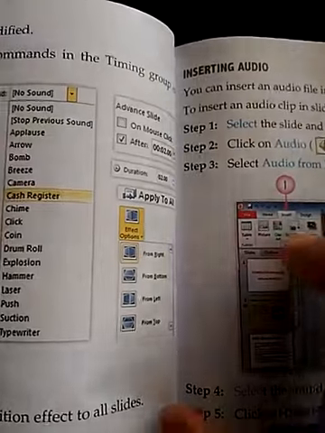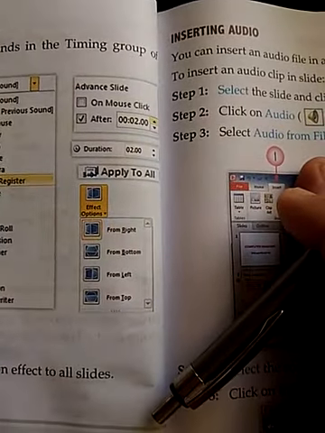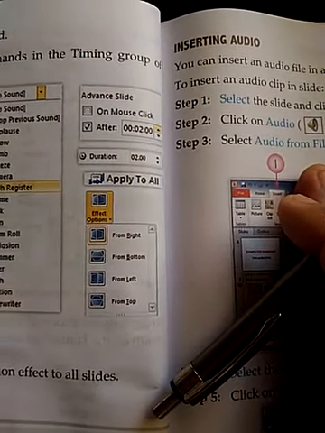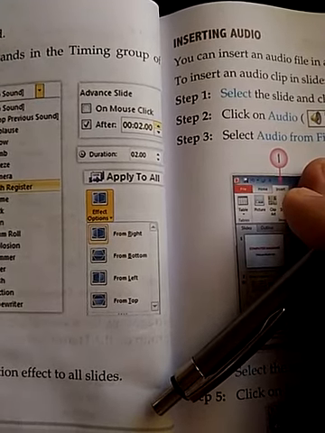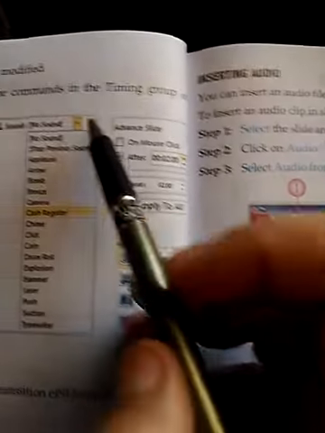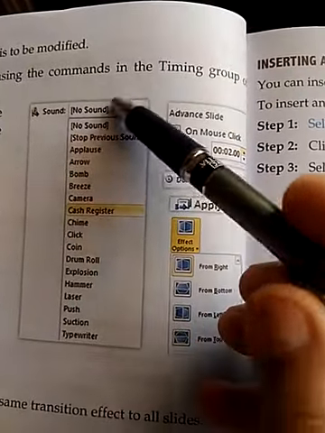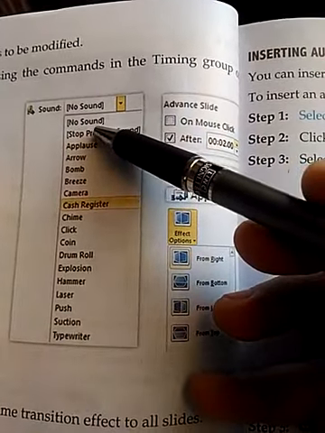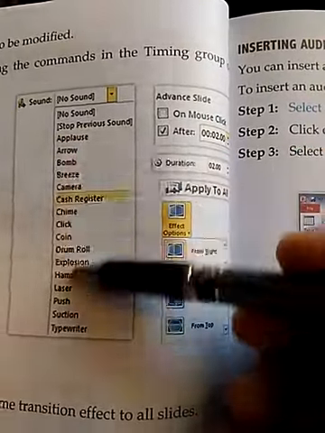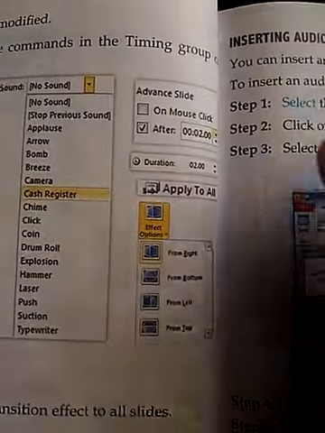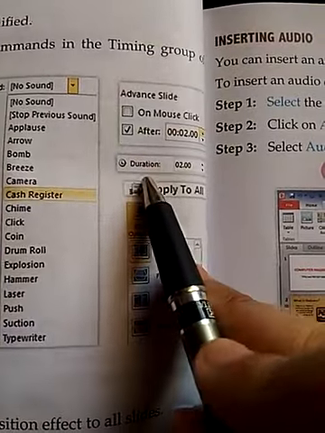Now there is the option sound. It is used to choose a sound effect to play at the time of slide transition. Here you can find different types of sound effects. You can choose any of the effects which you want. Now there is the option duration.